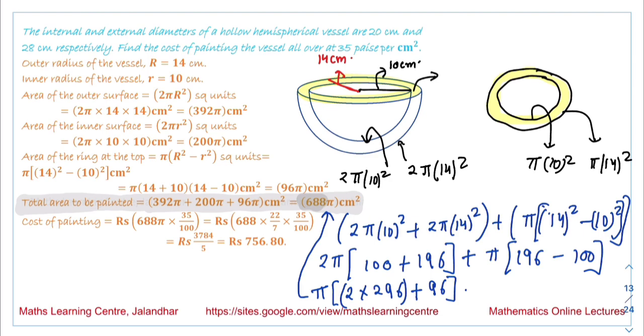The next thing that is given to us is that the cost of painting the vessel is 35 paise per centimeter square. So to paint 1 centimeter square, the cost is 35 paise, that is 35 by 100 rupees. Now the total area is 688 pi centimeter square.